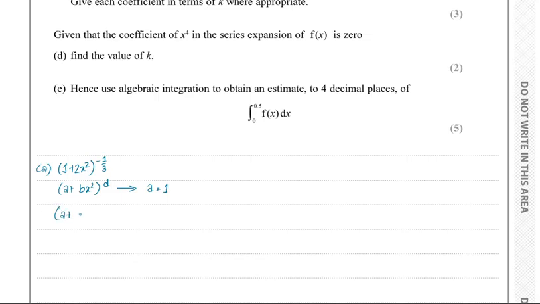So (a + bx²)^d or (a + bx)^d, the process will be the same, just you will have to use x² or x.